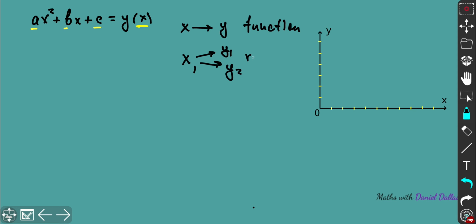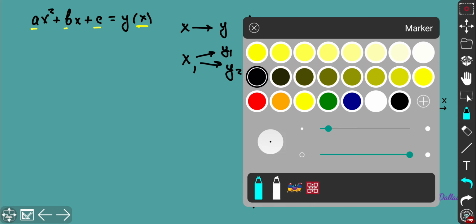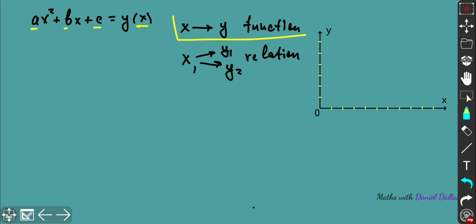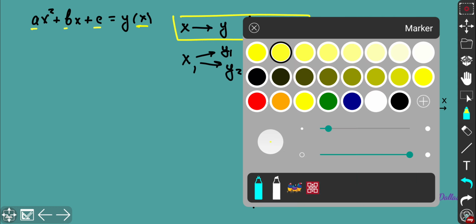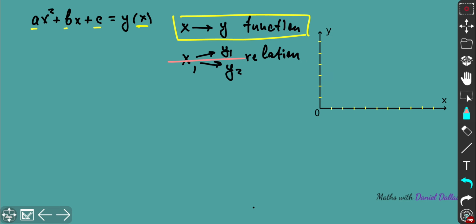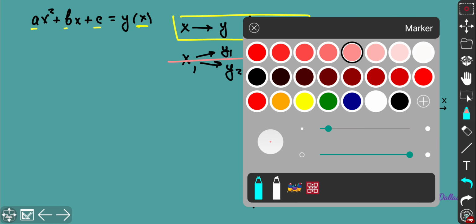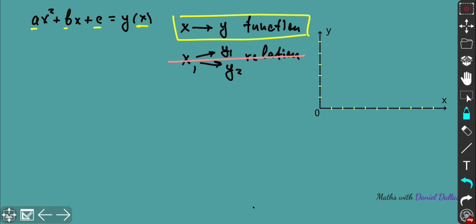In this case, you have a relation. We are going to consider the quadratic function exactly as a function, not a relation, so I simply eliminate relation, because a quadratic function is a function and not a relation by definition. I'll show you later exactly why the parabola and quadratic function is exactly a function.